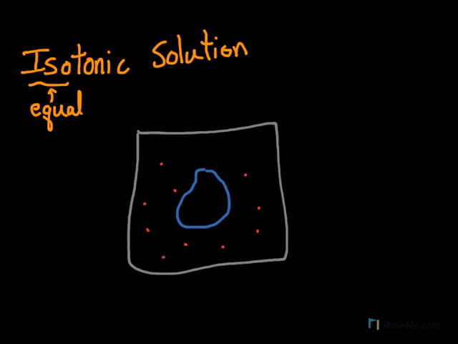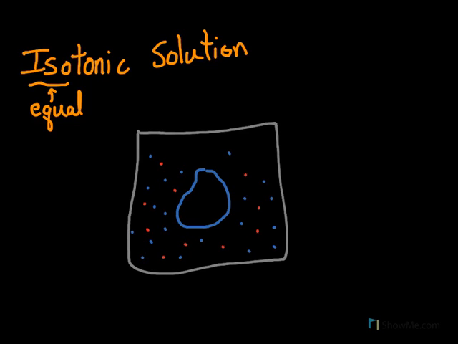Let's have 1, 2, 3, 4, 5, 6, 7, 8, 9, 10, 11, 12, 13, 14, 15, 16, 17, 18, 19, 20. Okay, so we have twice as much water as we do salt. So in the cell, we should have twice as much water as we do salt.